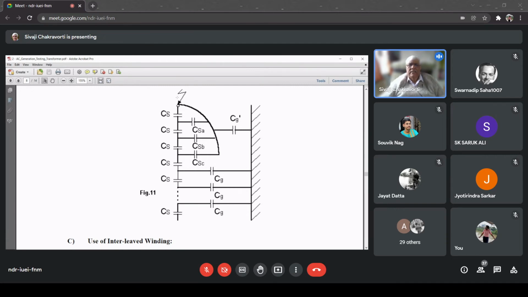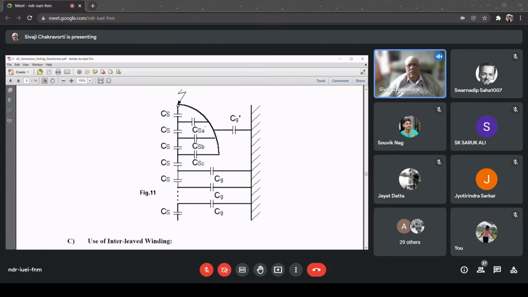How it is happening is that, basically, what you are getting is CG by CS. Now CG is more or less the same everywhere. If I can increase CS, then CG by CS will go down, and our potential distribution will improve. Now, what you can see is that the potential of the live terminal is definitely higher than the potential of the junction terminal.